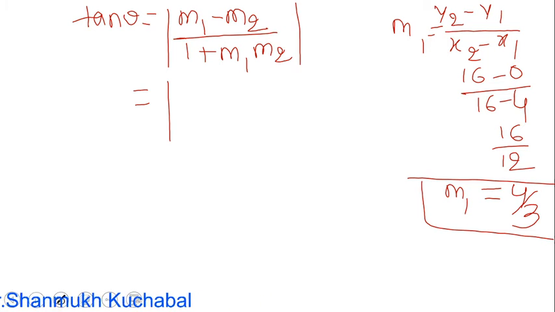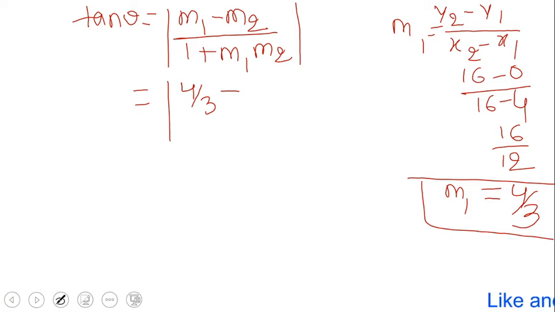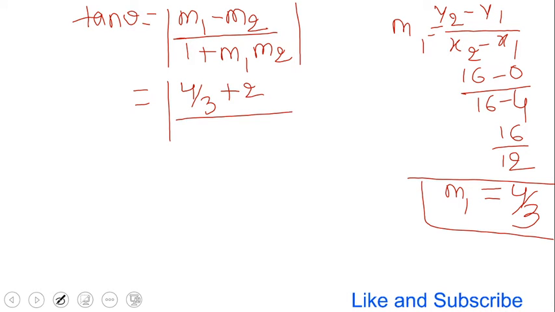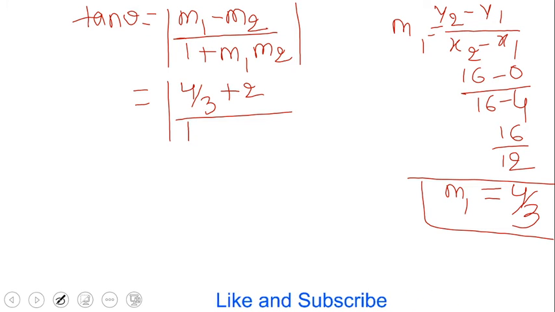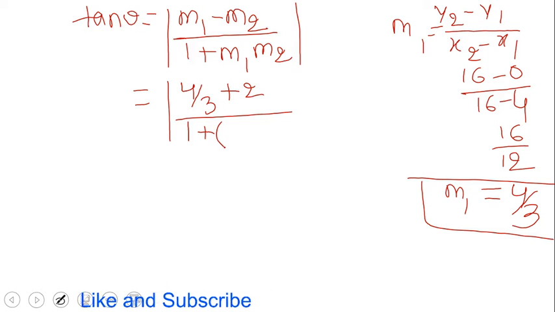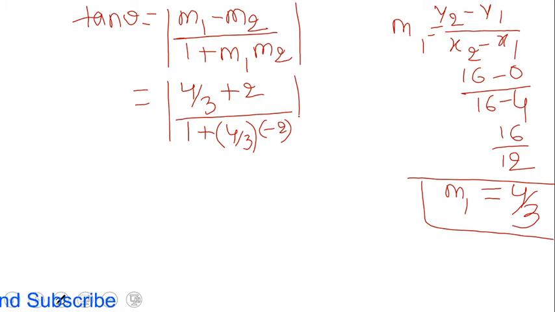Then further, substitute these values: 4/3 minus m2, which is minus 2, minus into minus gives plus 2, over 1 plus m1 times m2, which is 4/3 times minus 2. So we will simplify this.